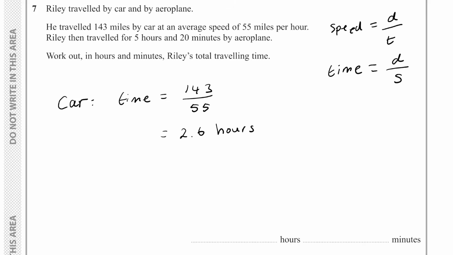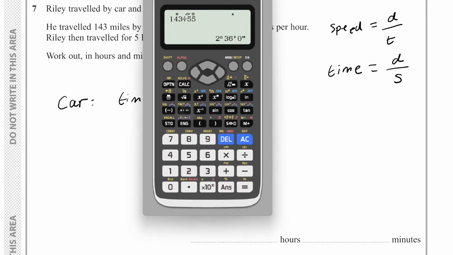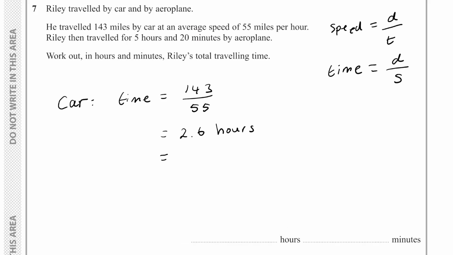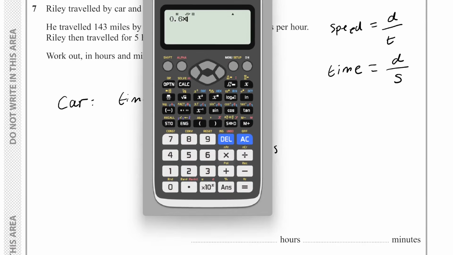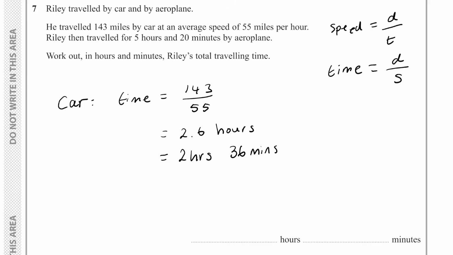If we want that in hours and minutes, we can just press the time button and we find out it's 2 hours and 36 minutes. We could have also done 0.6 times 60, which would have told us that 0.6 hours is 36 minutes.